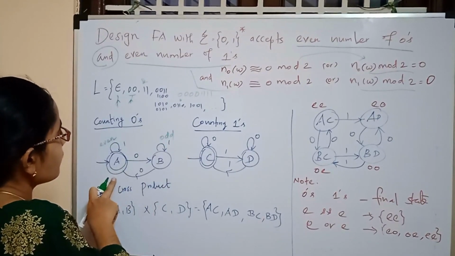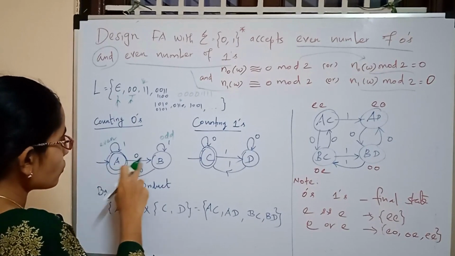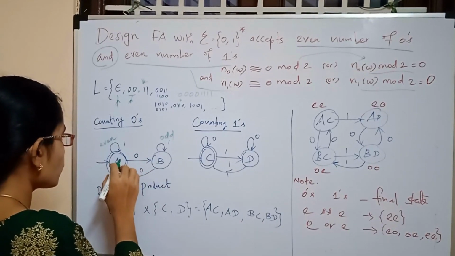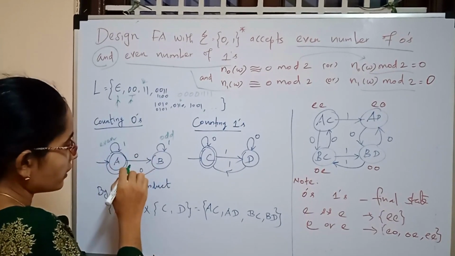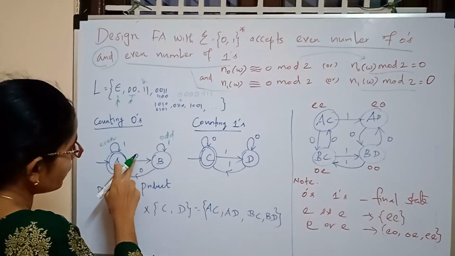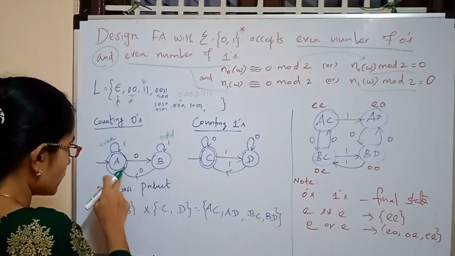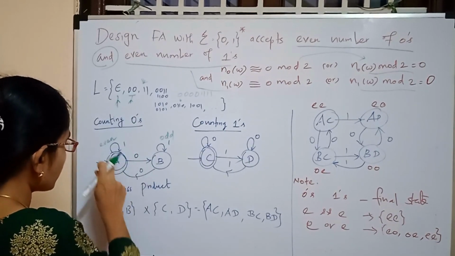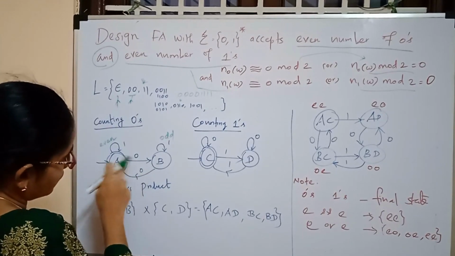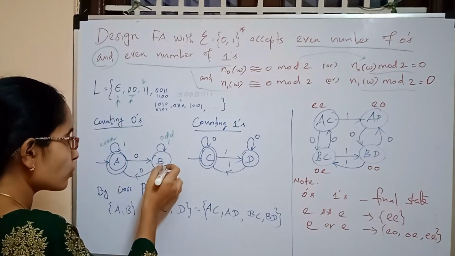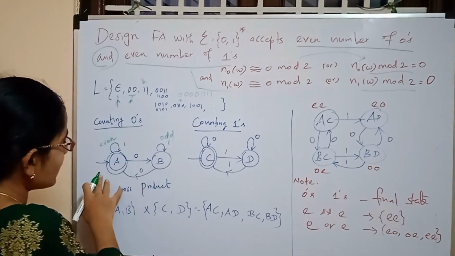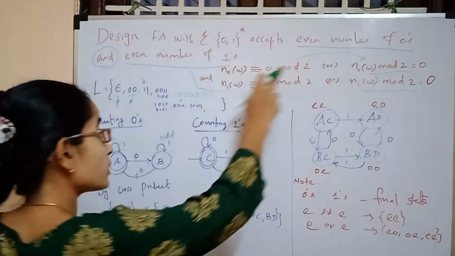So when I receive 0, this will receive even number of zeros, so I cannot make 1 here, I can make only zeros. From one state to another state we are giving input as 0, and the final state will accept only even number of zeros. Here you will get only odd number of zeros. So this is the diagram for counting zeros, that is even number of zeros.